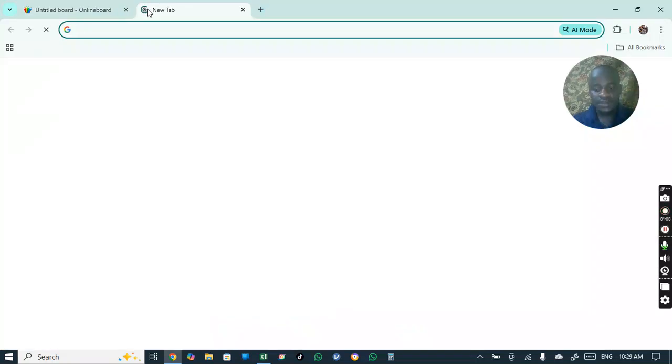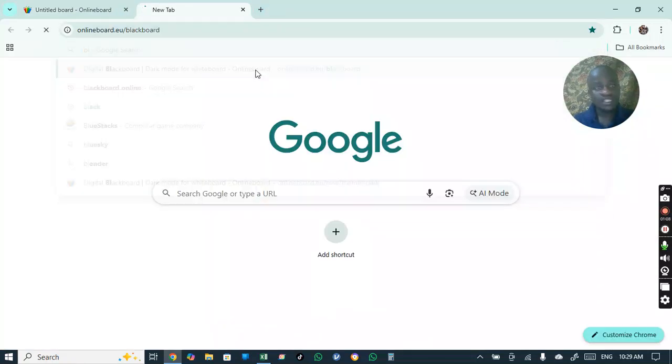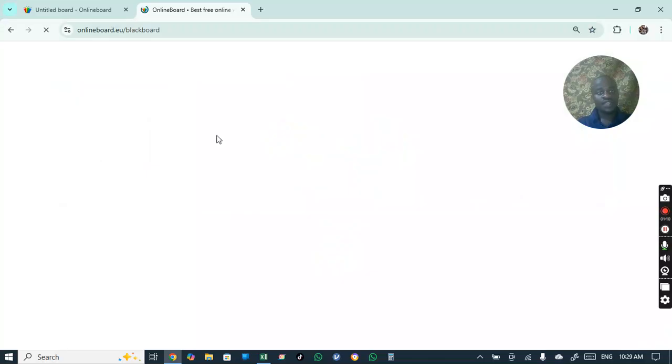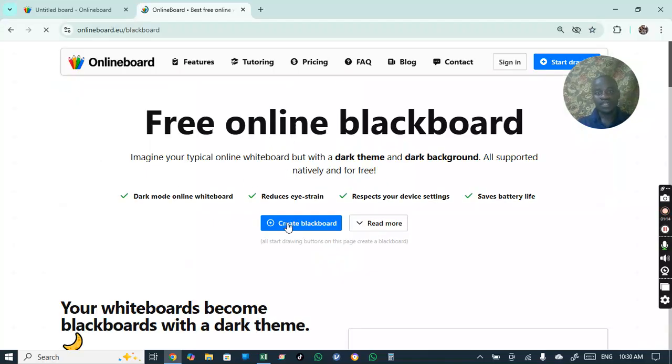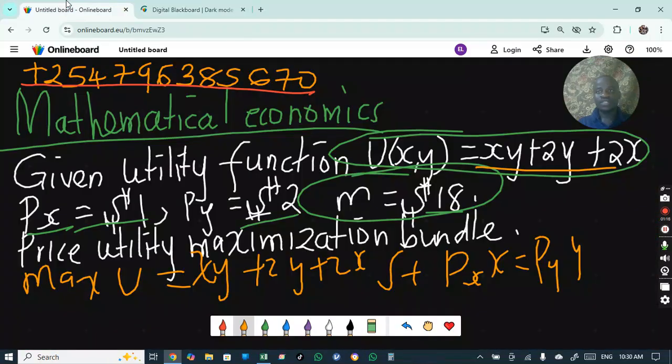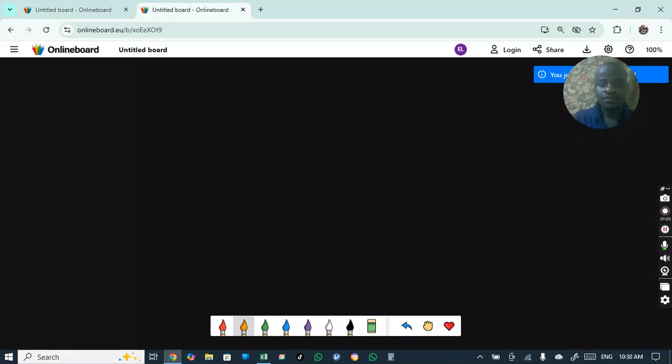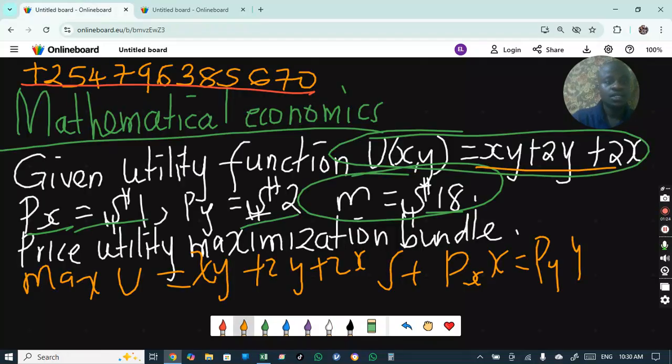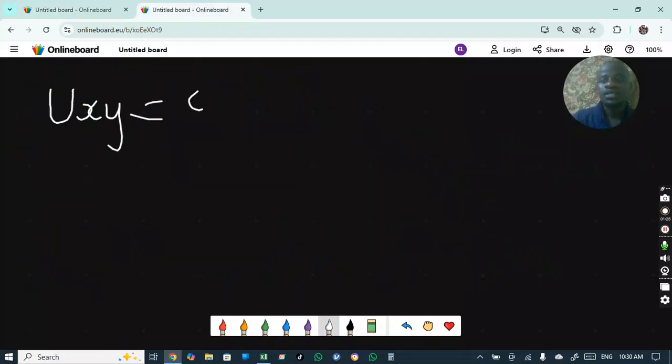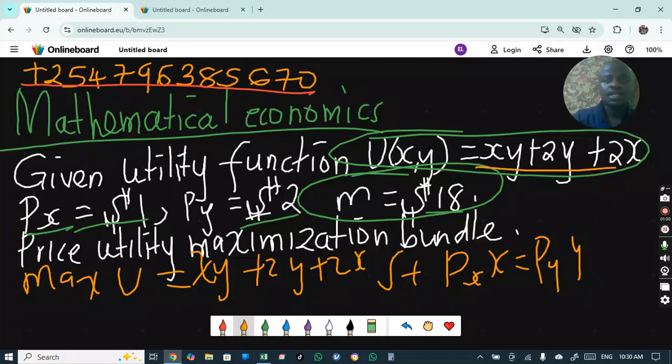So how do we do that? We are going to find the marginal utility of x and marginal utility of y. Remember the utility of xy is xy plus 2y plus 2x.